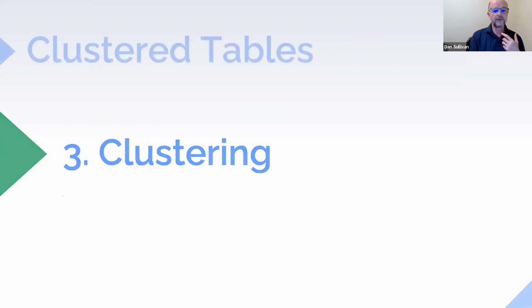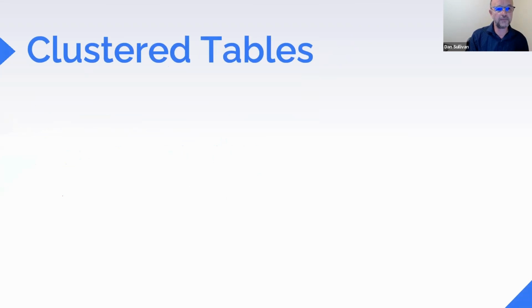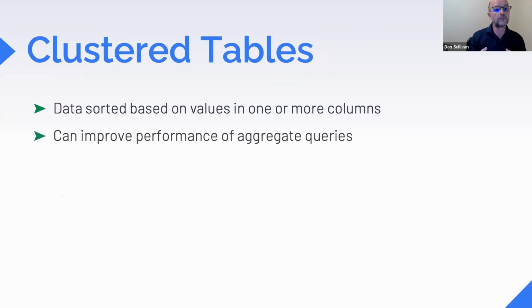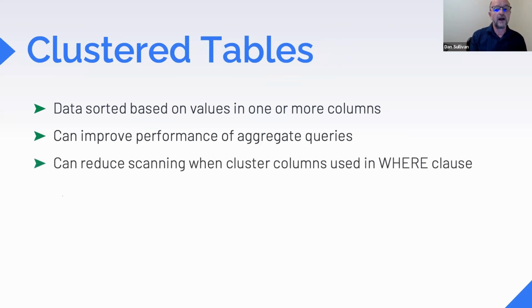Now, clustering is another table property or feature, and clustering allows us to store our data in a sort order within our blocks of data. This is really useful because it can improve performance on scanning and also with aggregate queries.